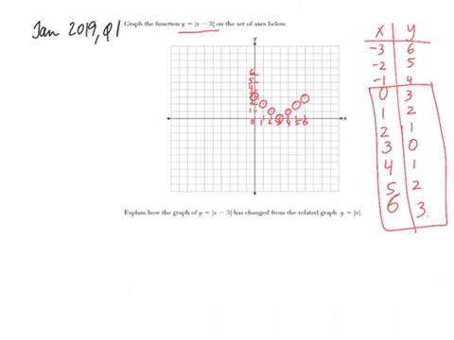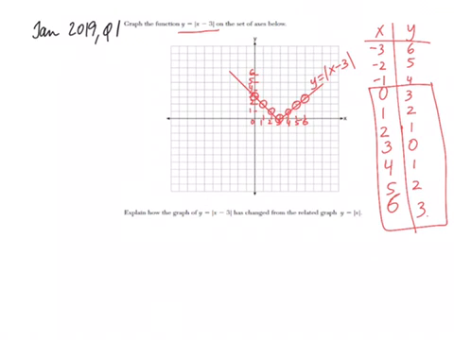So let's draw the line. So we get this graph for y is equal to absolute x minus 3.